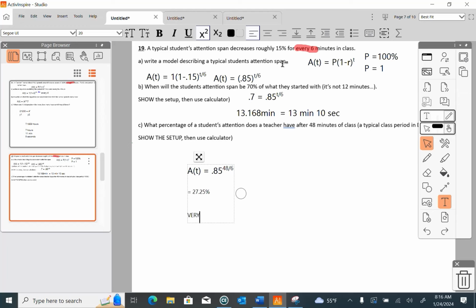Which is very generous because I don't think I have 27.25% of your attention at any point in class. I don't. If I did, your grades would be better. They'd be a lot better.